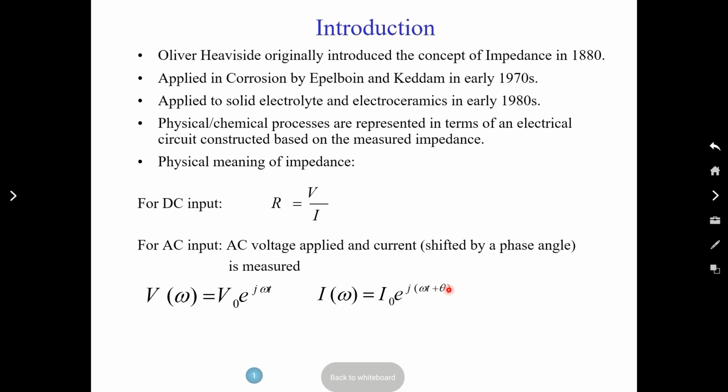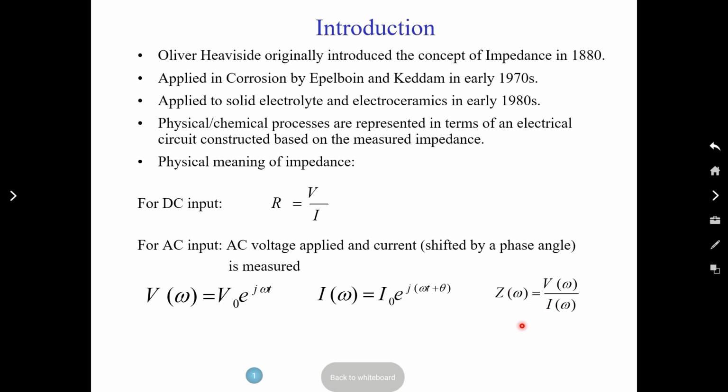Now if you take the ratio of the time-dependent voltage and the time-dependent current, you calculate a quantity called impedance, not resistance. It is the AC equivalent of resistance, just as resistance is the DC quantity.